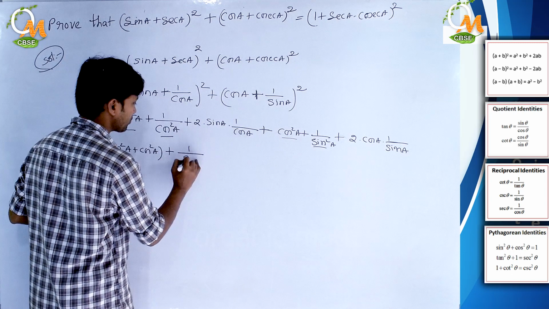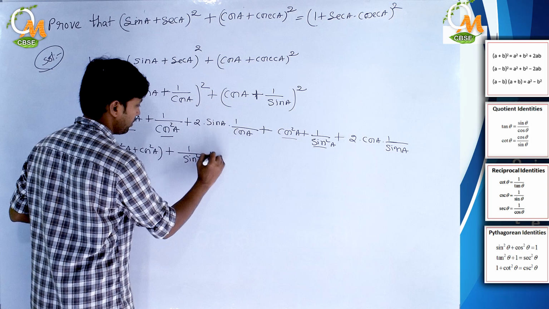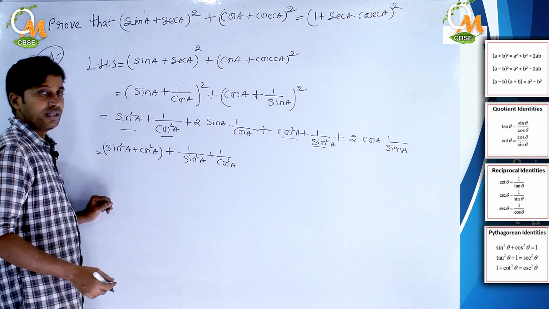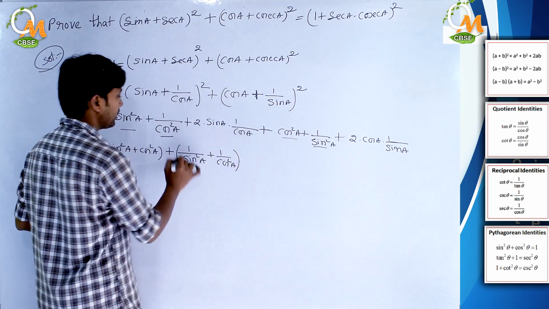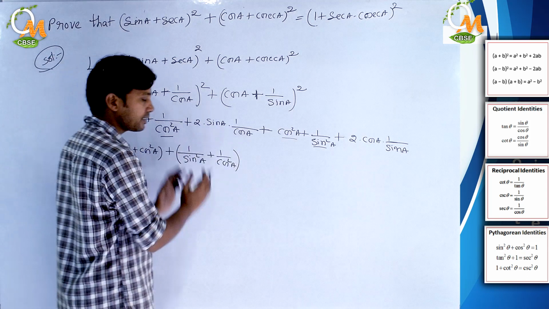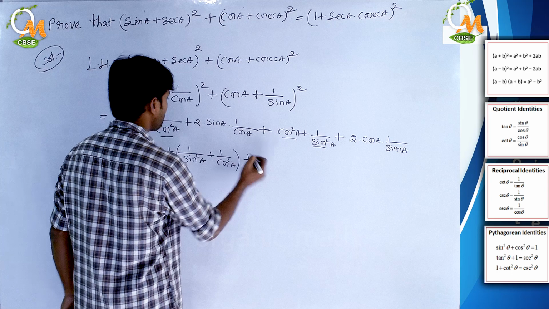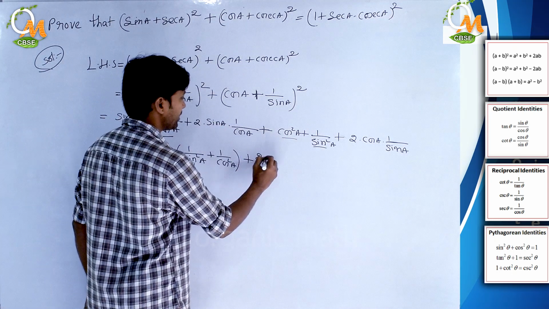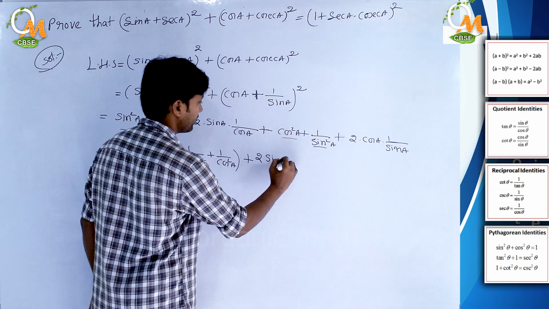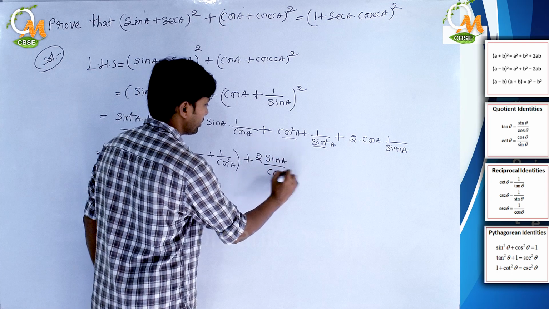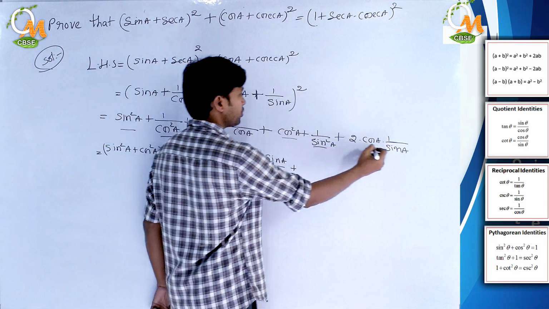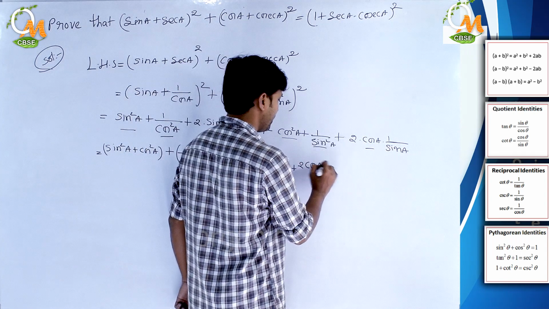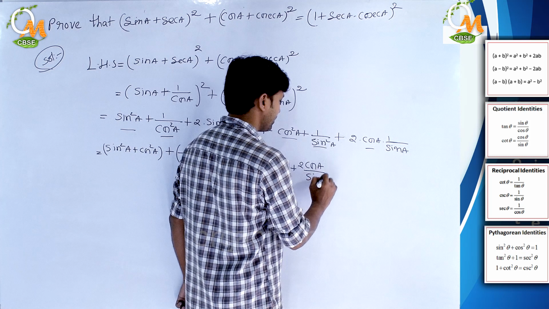So 1 by sin square A plus 1 by cos square A, we grouped these terms, so this is considered to be one expression. Now next, this is 2 sin A into 1 by cos A, that can be written as 2 sin A by cos A. Similarly, this is 2 cos A by sin A, we can write it as 2 cos A upon sin A.